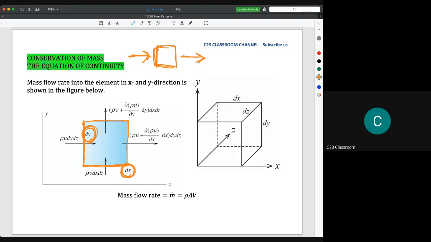The basic idea of mass flow rate is that the input must be equal to the output. So we start with the idea of mass flow rate. Mass flow rate is written as m dot.